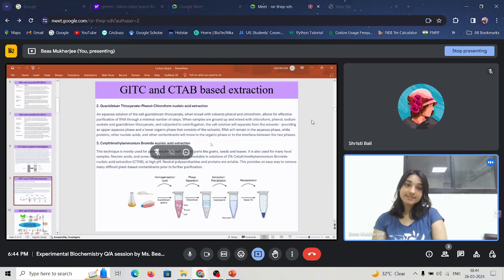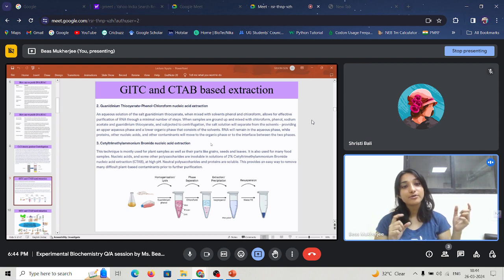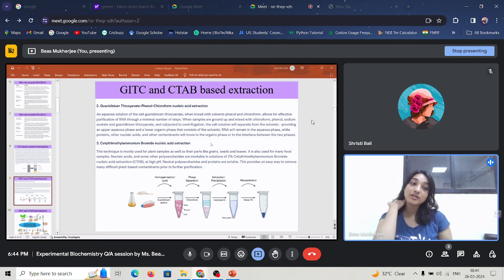So GITC is guanidinium isothiocyanate. What is this? If you remember, guanidinium is like urea. This is a denaturing agent. If you remember the structure of arginine, arginine had these 3 nitrogens at the end of its ring, and that was called the guanido group.